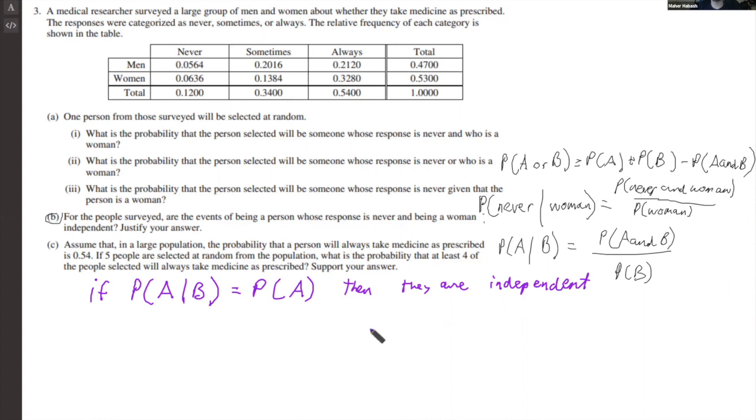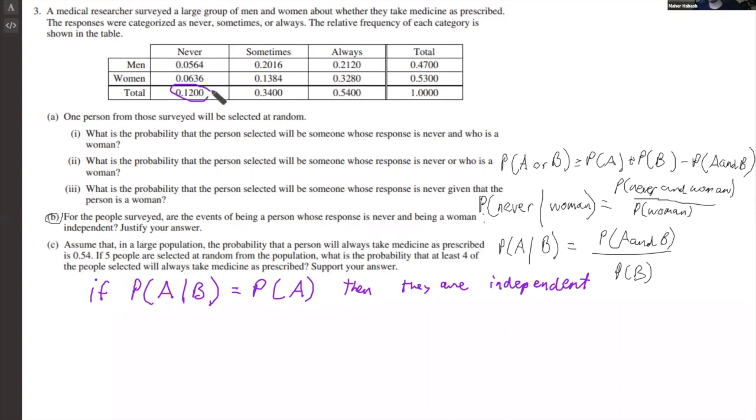Now, P of A given B is never given a woman. When you said 0.0636 over 0.53, let's plug that in. 0.0636 divided by 0.53, I get 0.12. What's the probability of never anyways? 0.12.